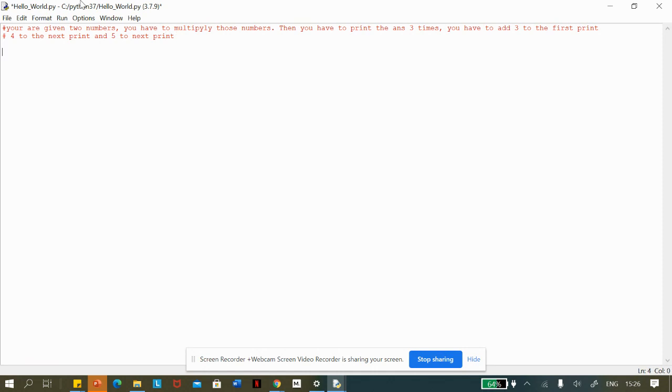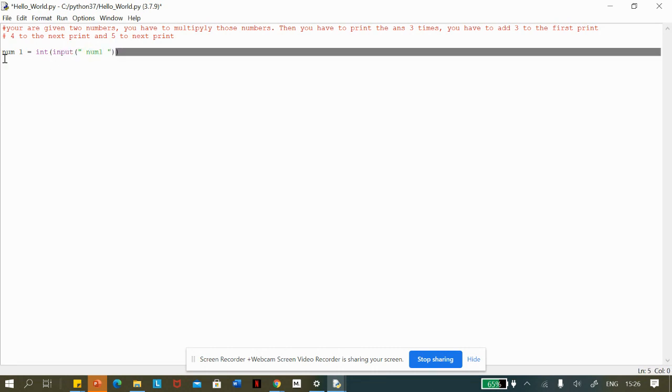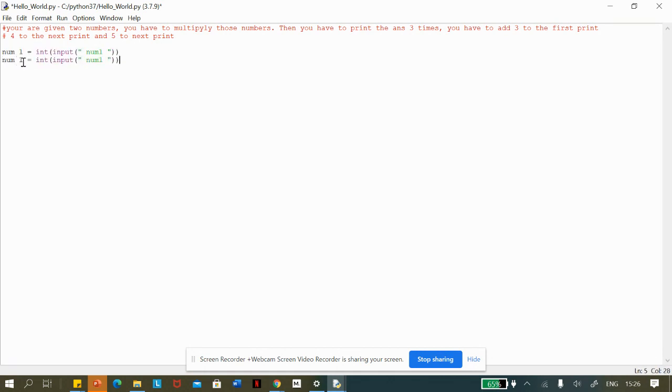We would take in the input, so we would obviously do num1 equals to input, say num1, and we would close this again, then we would do the same thing for num2, so num2 equals to input, so num2 here.